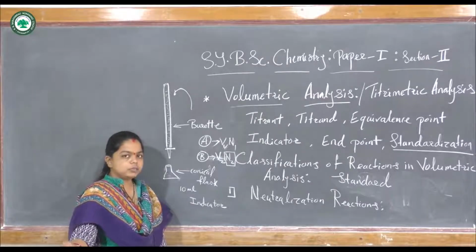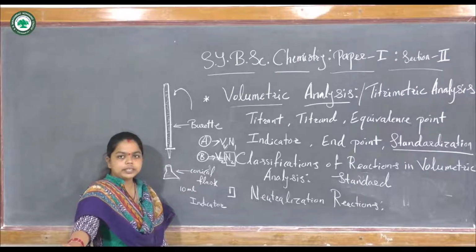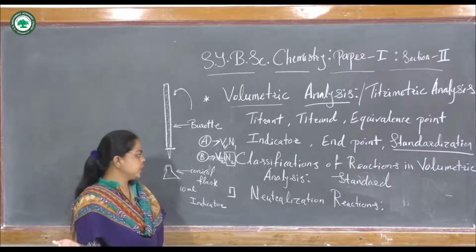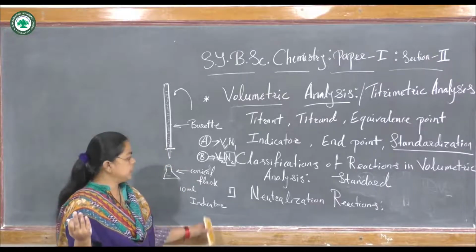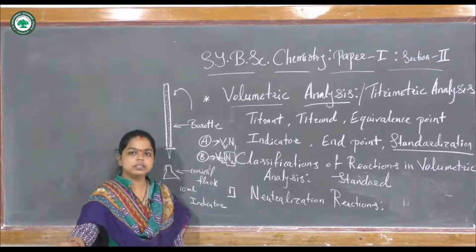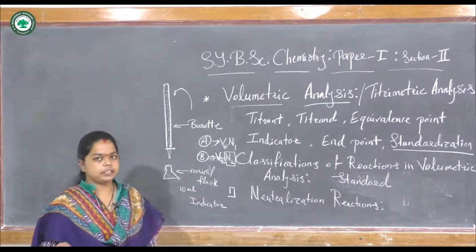From this end point we can take the reading for the titration and determine the exact concentration of sample B by the formula N1V1 equals N2V2. So this is the simple method of titration.